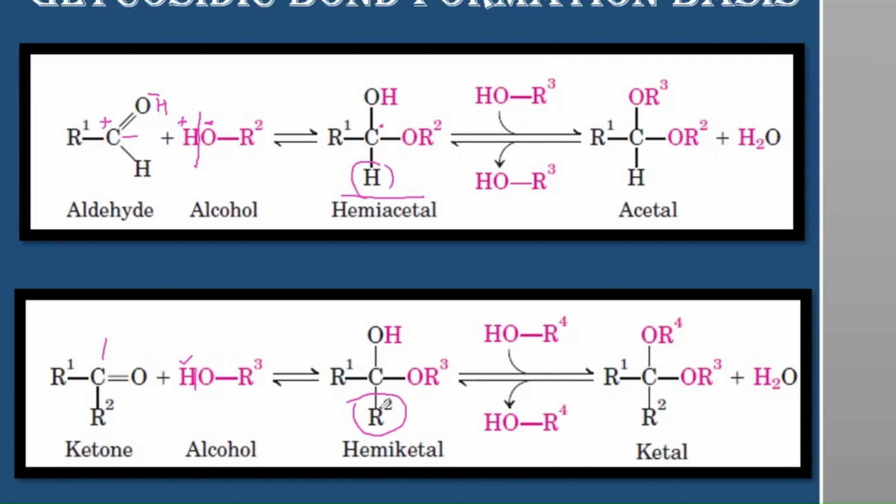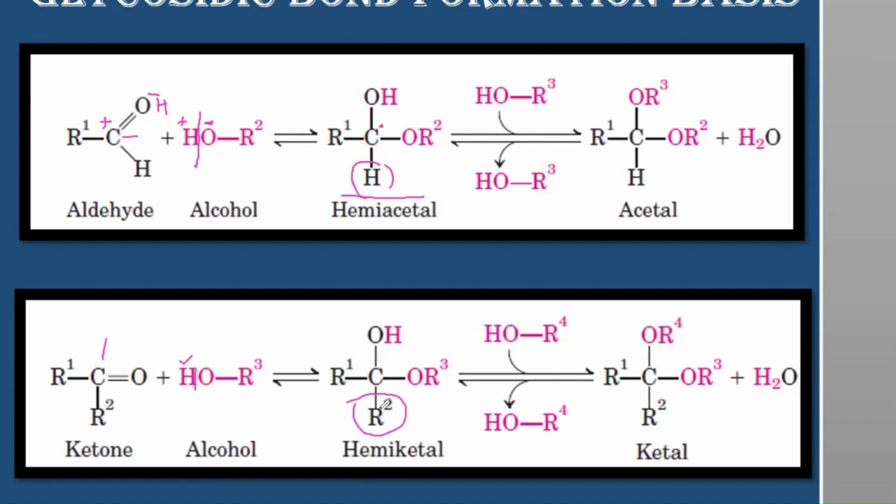Formation of the glycosidic bonds between these cyclized monosaccharides. So first of all, the monosaccharide needs to get cyclized, and once it gets cyclized by the same process which I've explained over here, this is just kind of revisiting. Once they get cyclized, they are ready to get linked with one another through the glycosidic bond.